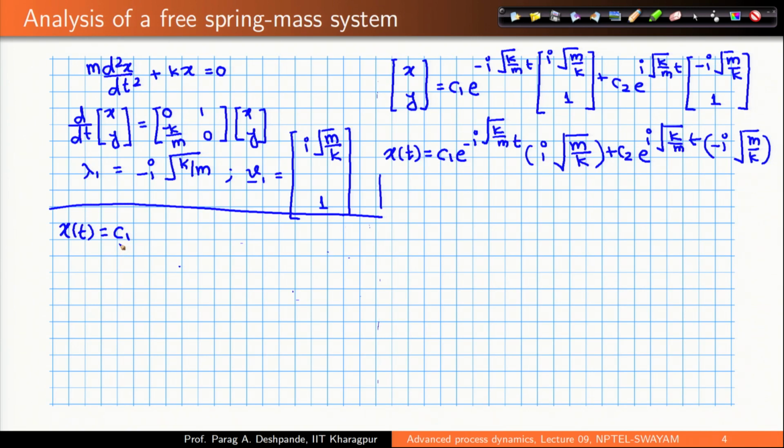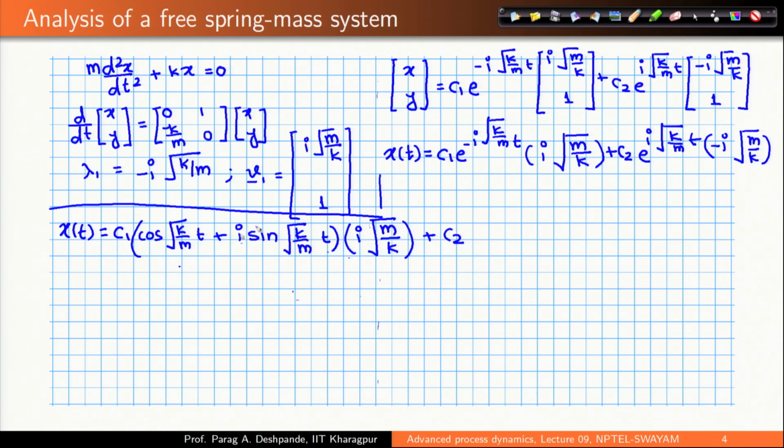Now, I will convert e to the power minus i root over k by m t to sines and cosines, and this will become cos root over k by m t plus i sin root over k by m t multiplied by i root over m by k, plus C 2 e to the power i root over k by m t.